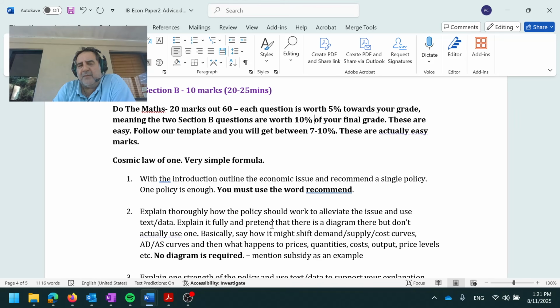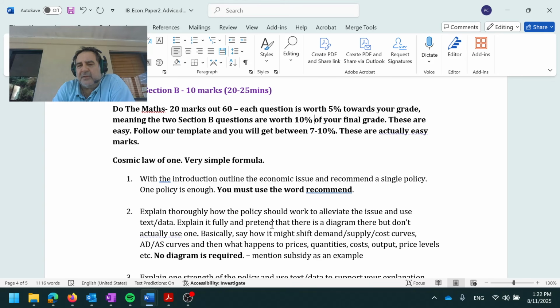You can see there that the first point I've stipulated is that when you do the introduction, and I get this from Mr. Scudder too, because Mr. Scudder's marked a lot of paper 3s for the IB, so what we're telling you is pretty gospel. In your opening, in the introduction towards this recommend question, outline the economic issue being canvassed in the case study, and then recommend a single policy.